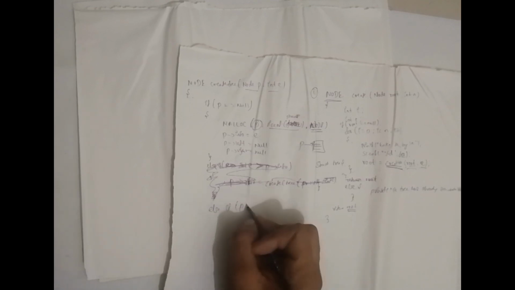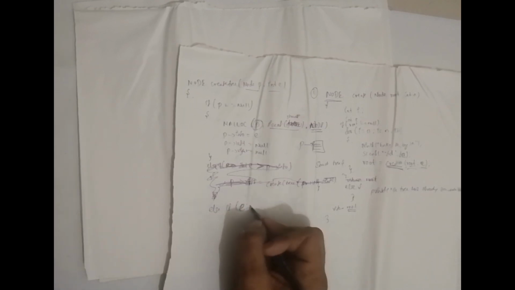Next, else if e is greater than p info, we need to traverse to the right side, similar to 40 next 50. So p right is equal to create tree (p right, e).